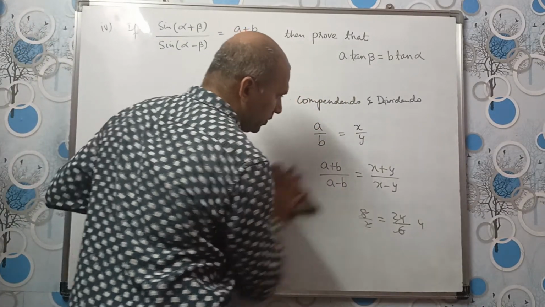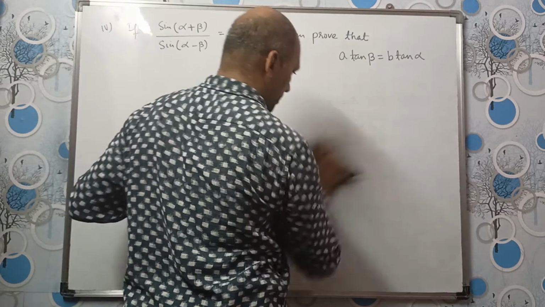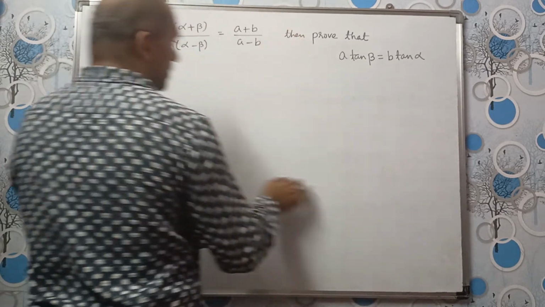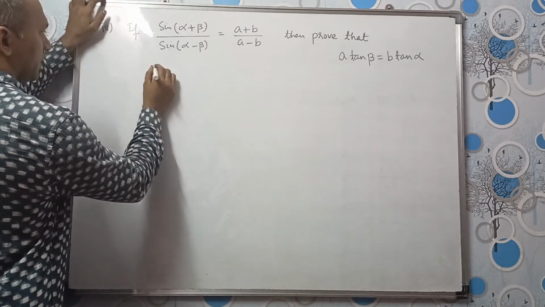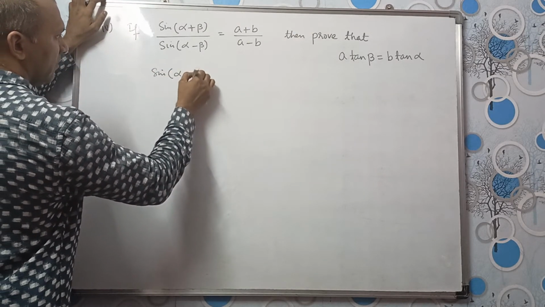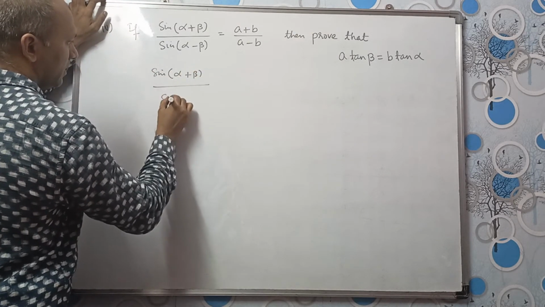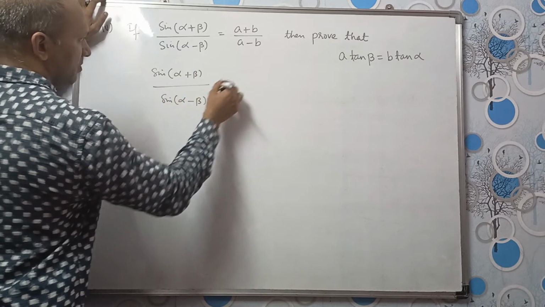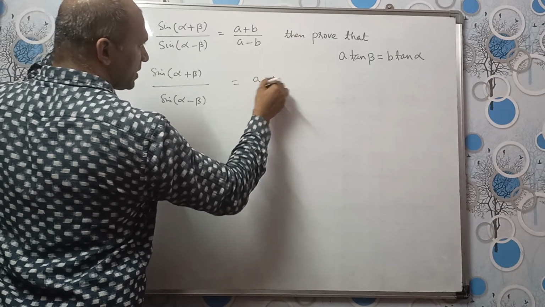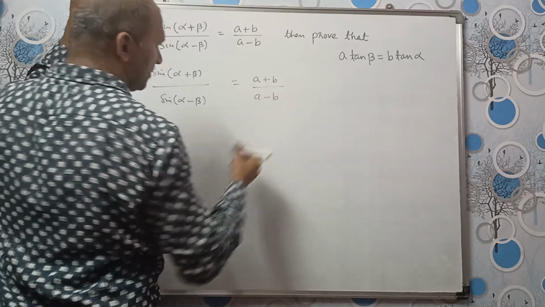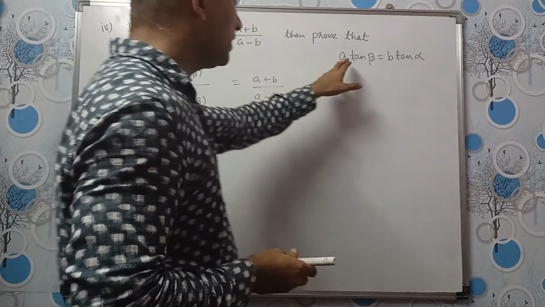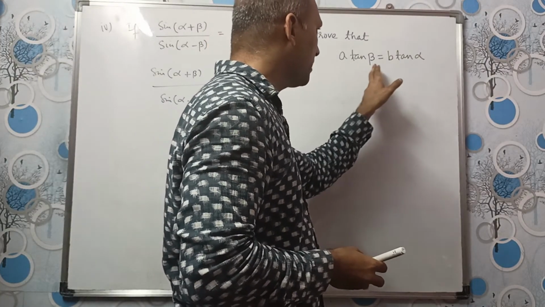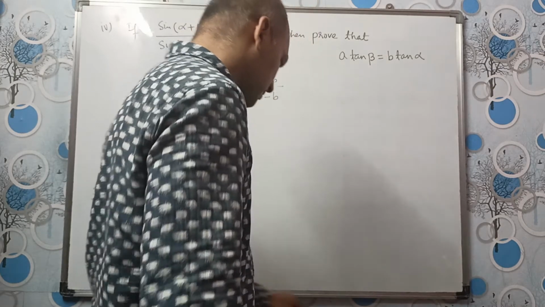We'll use the componendo and dividendo concept here. We are given sine(alpha plus beta) divided by sine(alpha minus beta) is equal to (a plus b) divided by (a minus b), and we should prove that a tan beta will be equal to b tan alpha.